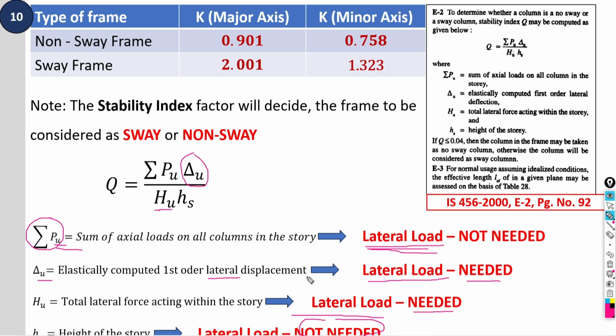So to calculate two properties, lateral displacement and lateral force, we need to have the lateral load. Your building and proposed structure is not subjected to any lateral load, so we cannot do the calculation for this Q. As of now we cannot do the calculation for Q. Now this is the big problem. As we cannot do the calculation for this Q, how will you decide whether your frame is sway or non-sway?